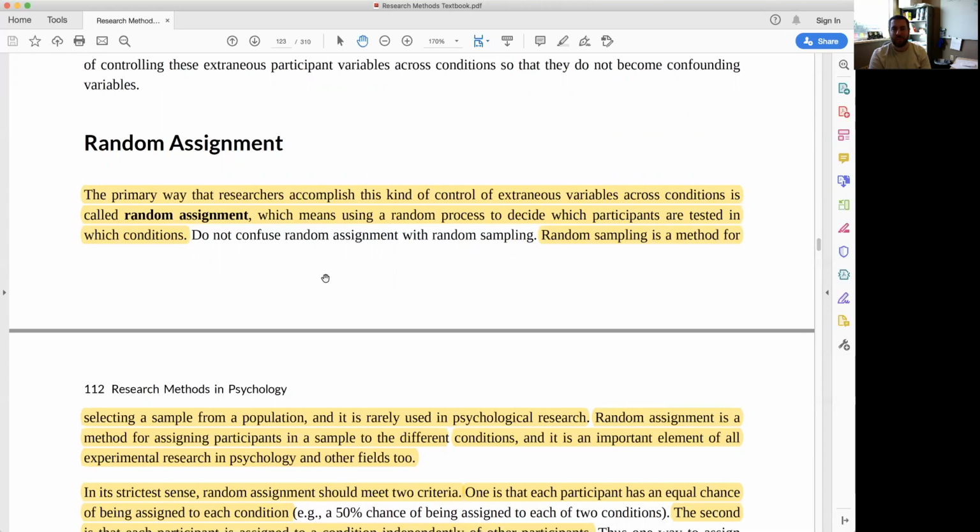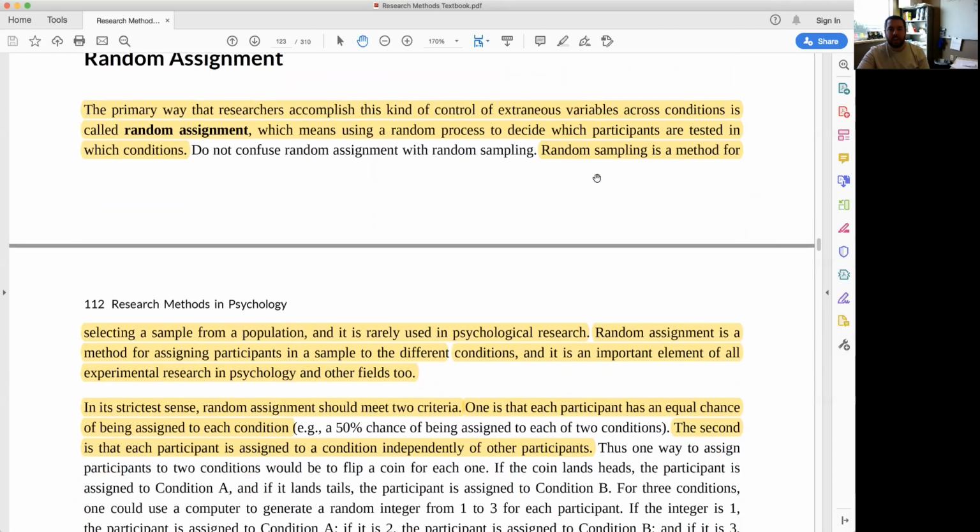So I'm a 1 or I'm a 3 or whatever it happens to be, or it will be based upon when you show up for class. All right, well, I'm going to take the first 20 people that showed up today. You're in group 1, the second 20, you're in group 2. But that's not random, right? There's a reason why people are sitting where they're seated, or why they show up when they show up. So we need to make sure that it is truly a random procedure that's being used.